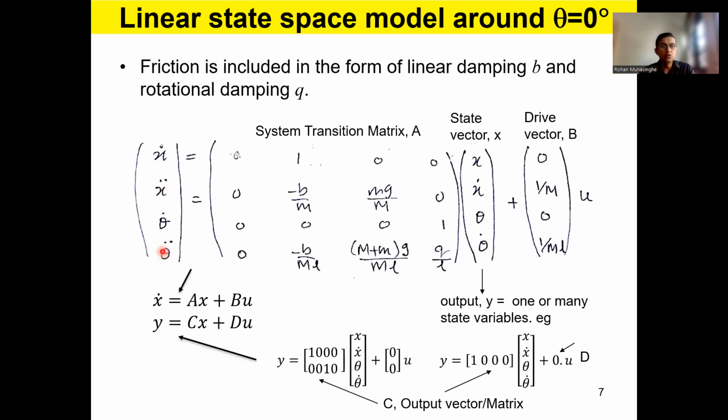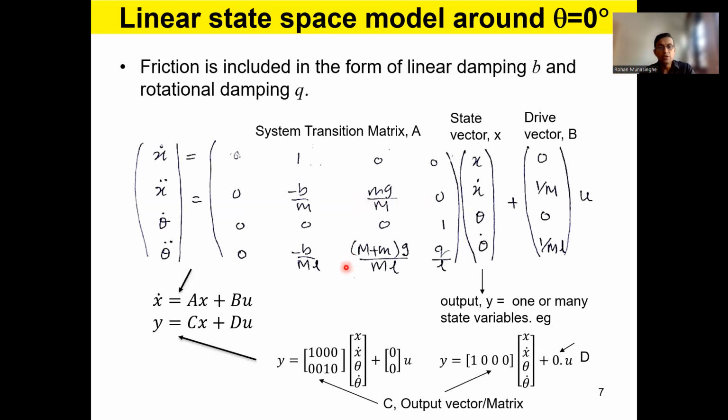In fact, the two major equations here are the second row and the fourth row. These are the two nonlinear equations that were linearized. The other two rows are 0, 1, 0, 0, and 0, 0, 0, 1. This is just to say that theta dot is equal to the last state, which is of course theta dot. And the first row says that x dot is equal to the second state variable, which is of course x dot.